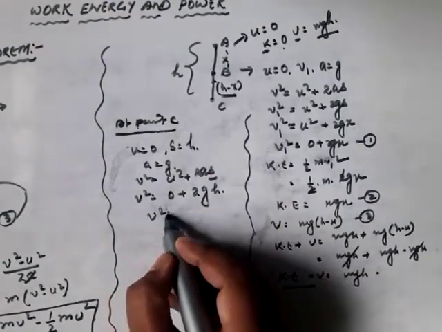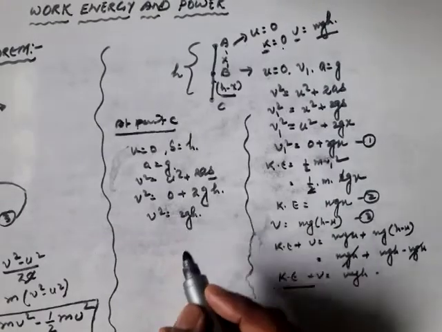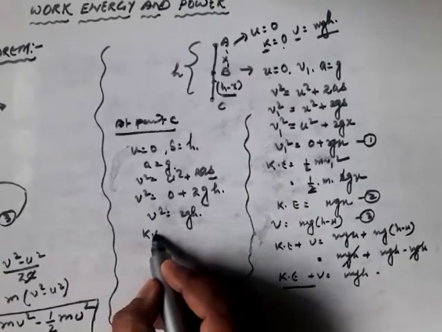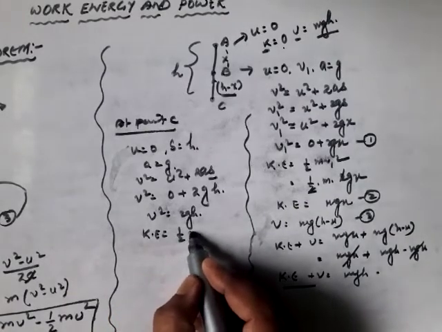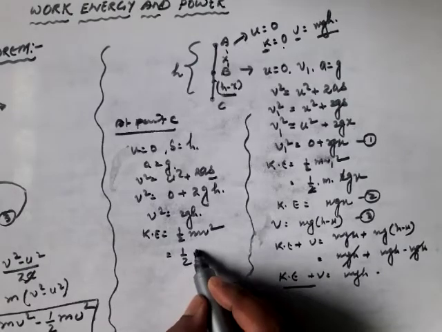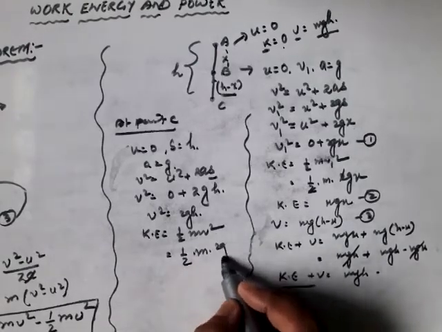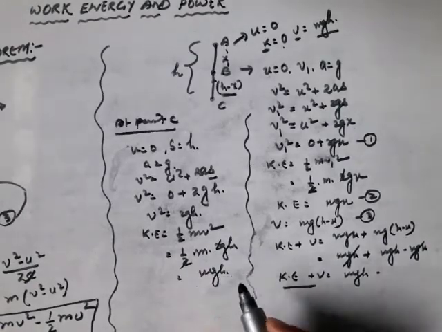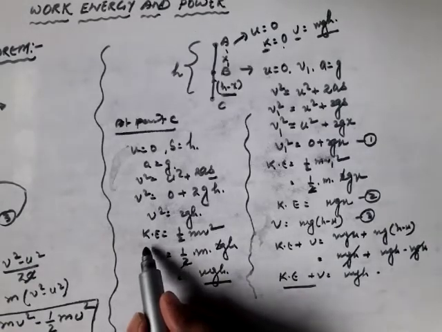So v square equals 2gh. So the kinetic energy at the ground will be half mv square, which is half into m into 2gh. The 2 cancels out, and this is mgh at the ground, at point C.